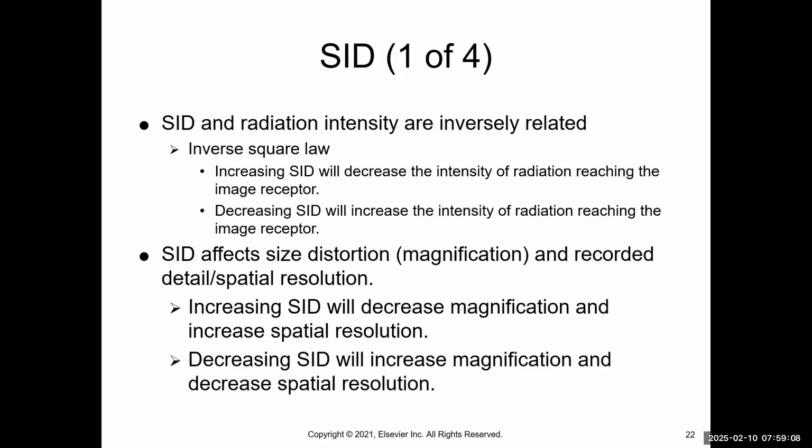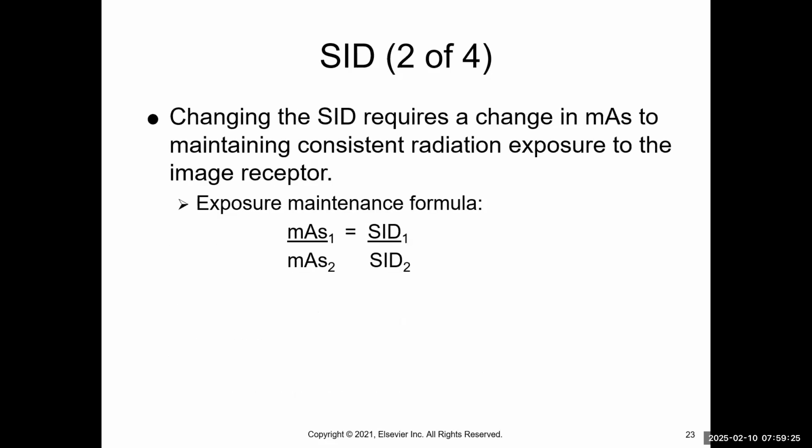If your patient is really large and you have to do two images anyway, it may be better to do that at 72 inches. It's very situational. We talked about that.